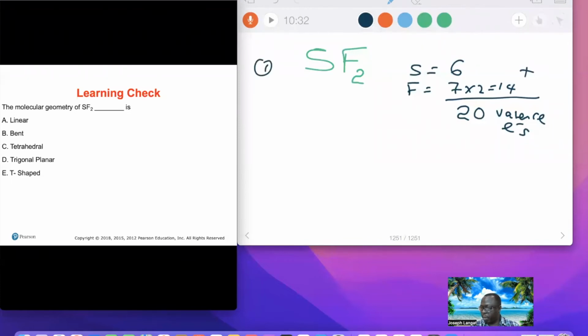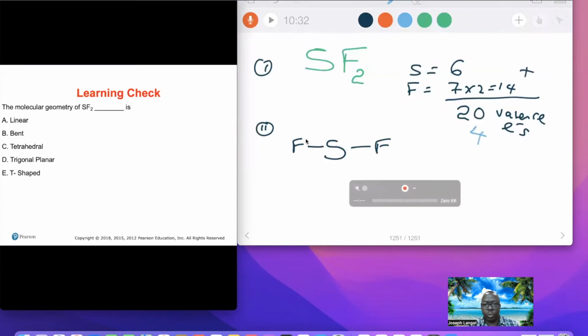Rule number 2 is draw the skeleton. So if I draw the skeleton, sulfur is at the center. Fluorine, in this case, are our external atoms. Out of the electrons, we have 2 here, we have 2 here. So we have used 4 in bonding. We call these bonding electrons.